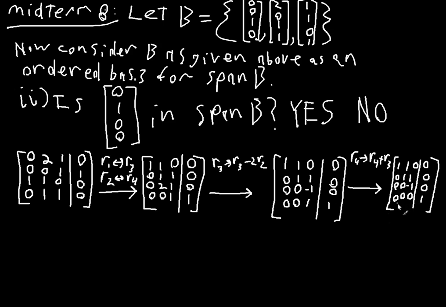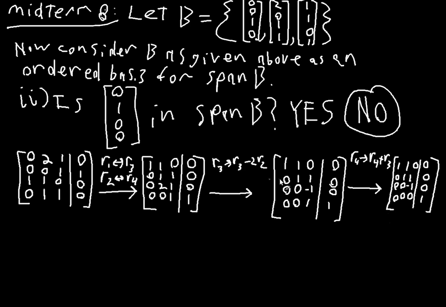And what we see is that this bottom row shows that we have an inconsistency in the system. So we get that this vector is not in the span of B. So we can go ahead and circle this: No. And we can provide some justification in part 3.